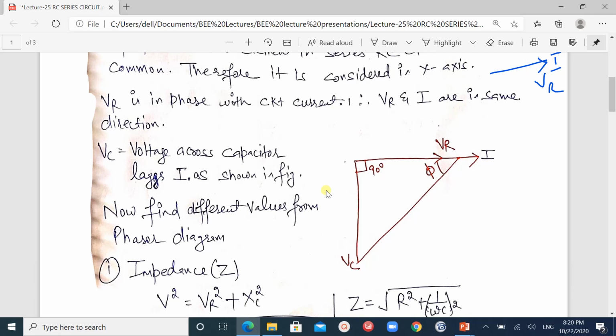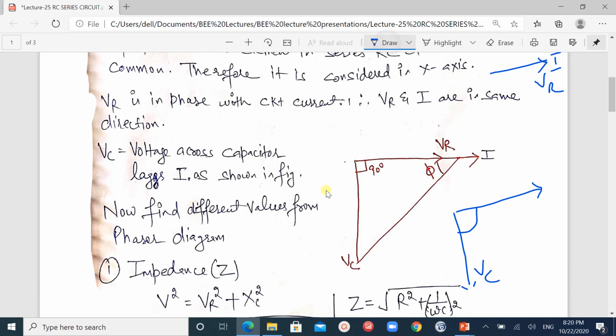It lags current I as shown in the figure. We are talking in terms of current: the current is leading the voltage by 90 degree, so the voltage is lagging. So here we are saying that VC is lagging in the capacitor.